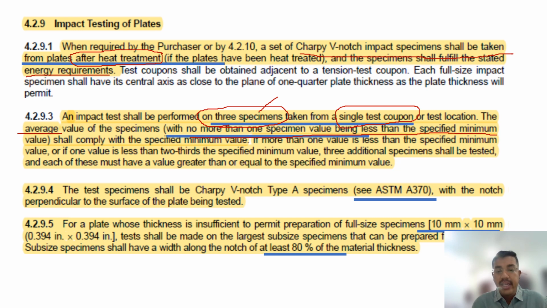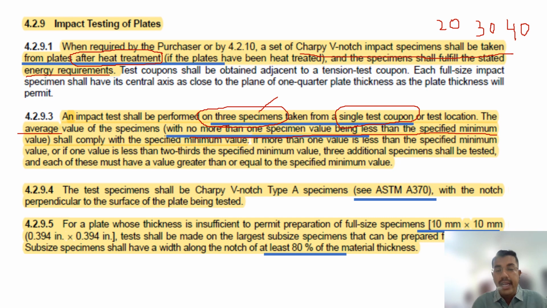I will explain in the next slide. You can see there how we can accept the impact test requirements. For that particular material you have to check what the minimum impact test requirement is. That is in the table. I will show you in the table.